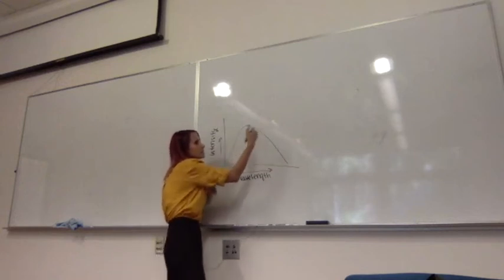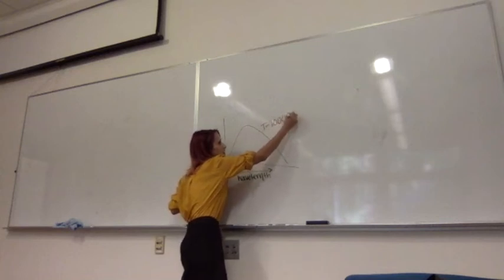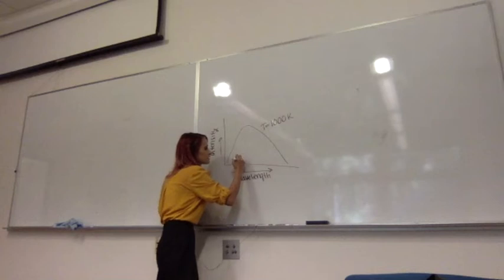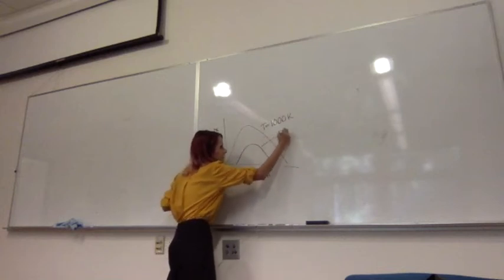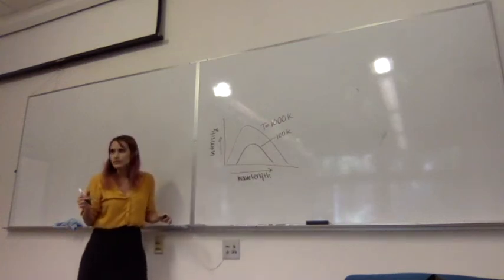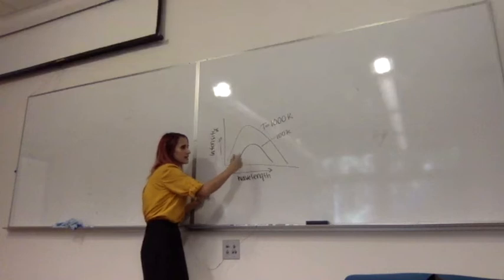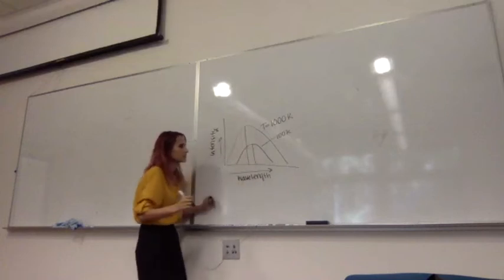So if this is a black body at, say, 1,000 Kelvin, the same thing would look like this at 100 Kelvin. So it's the same basic shape, but it's giving off less overall, and it's got a different peak, right?